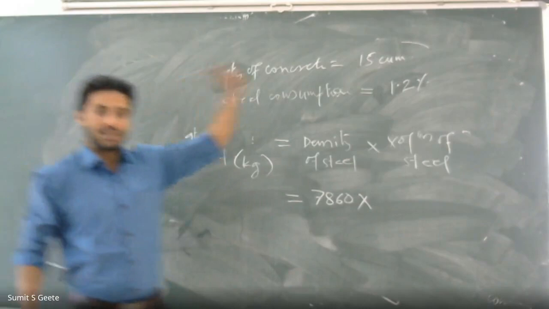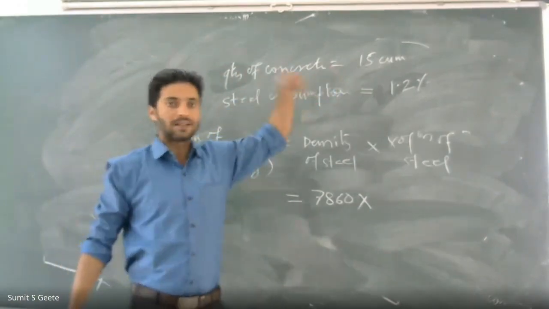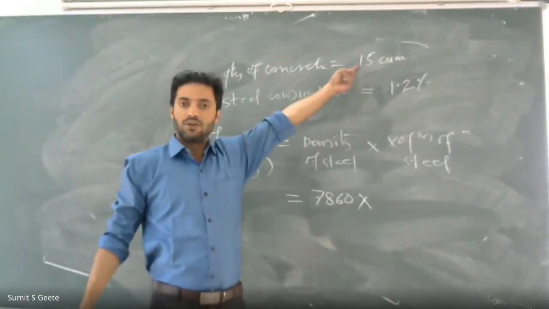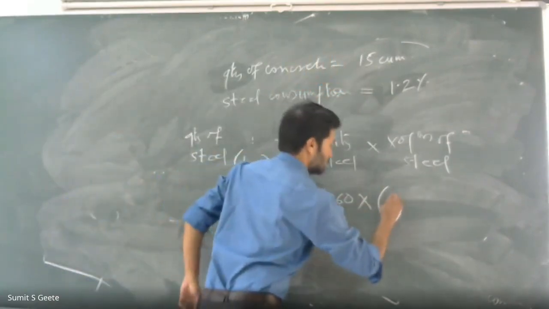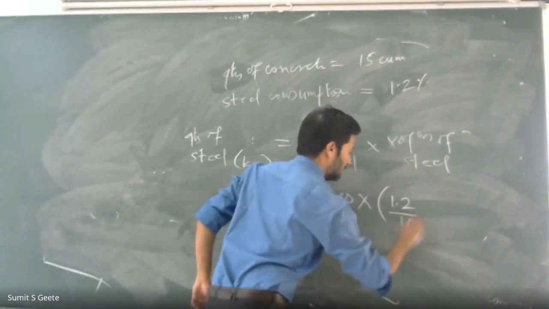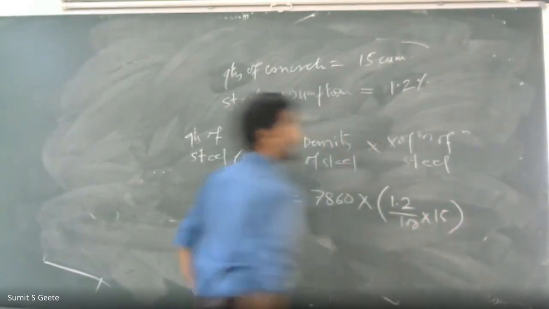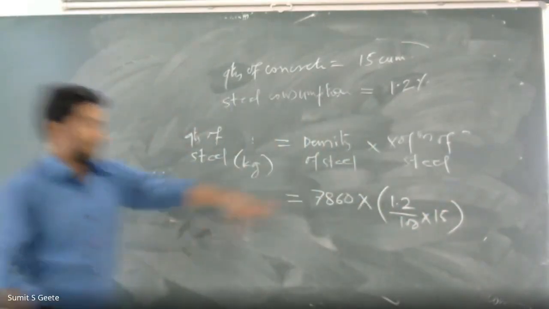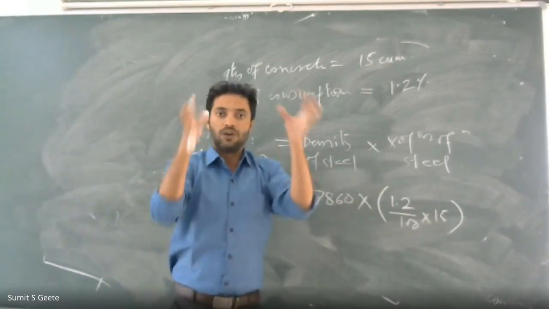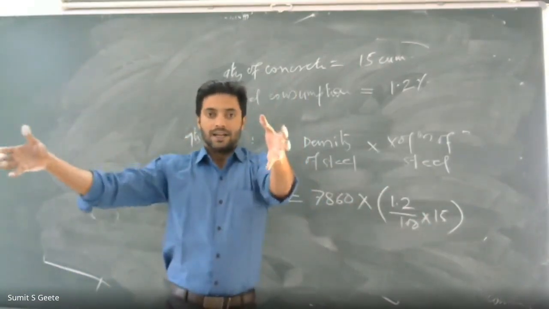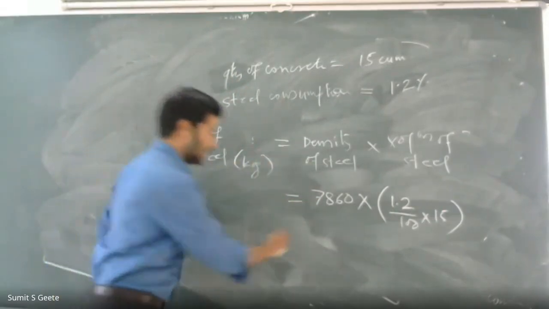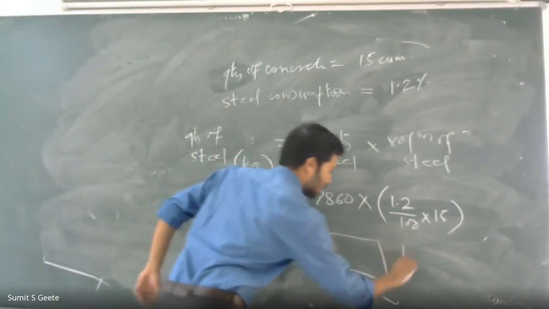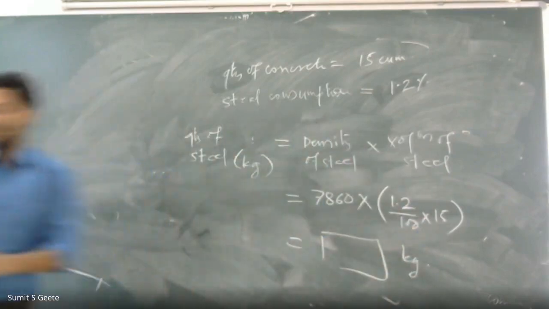What is the volume of steel? It is 1.2% of quantity of concrete. So this is 1.2 divided by 100 multiplied by 15. This is nothing but the volume of your steel. This volume is multiplied with density, so you will get the quantity in kg.